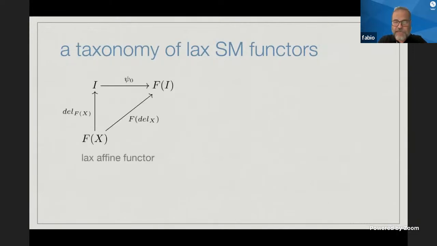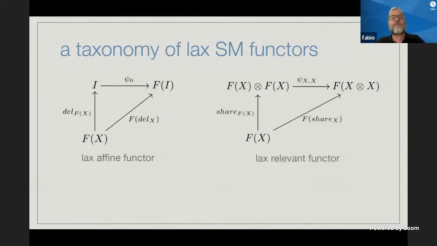Then we can go on and define also a taxonomy of lax monoidal functors. If a functor satisfies the triangle on the left, we call it lax affine. And if it satisfies the triangle on the right concerning the share, we call it lax relevant. Why? Because this terminology was introduced in a slightly different context, less general than this, by Bart Jacobs in the Semantics of Weakening and Contraction paper.